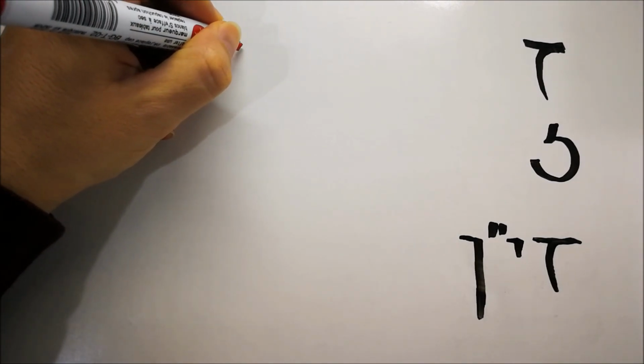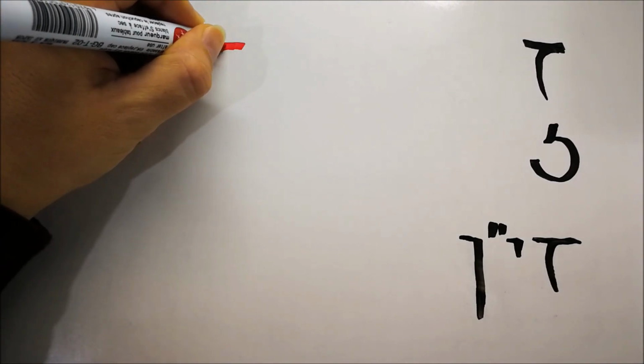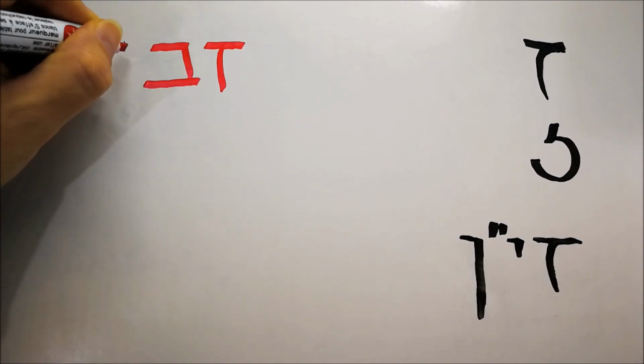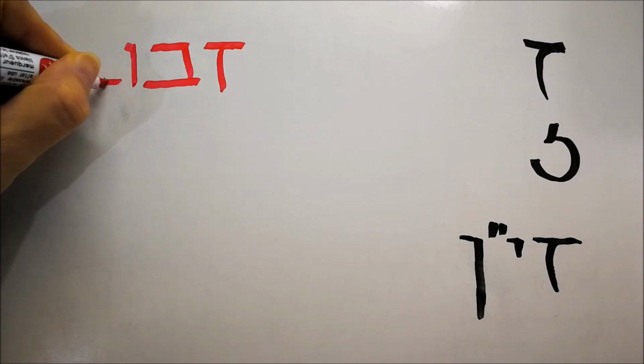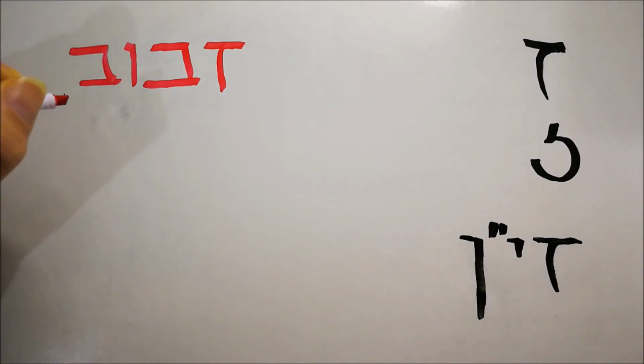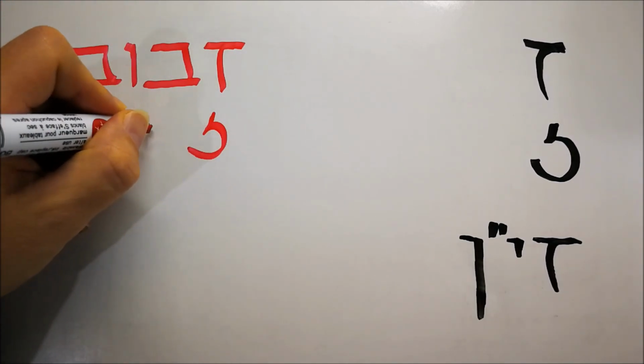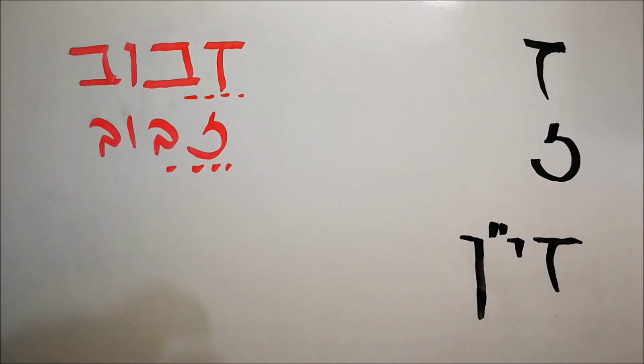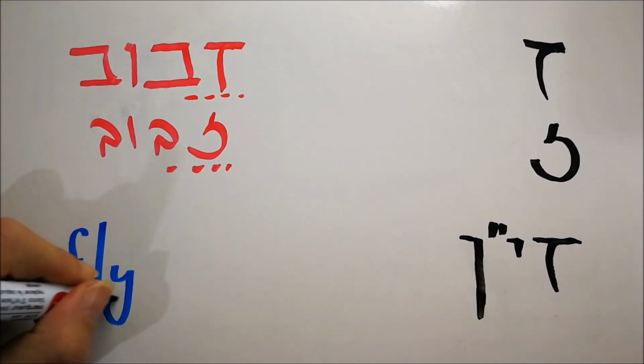A word example for the letter Zayin is zvuv. Zvuv means a fly in English.